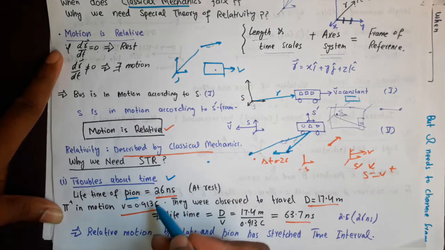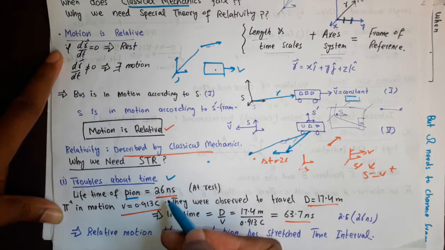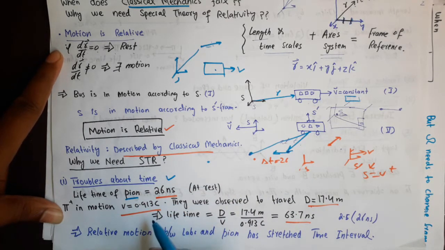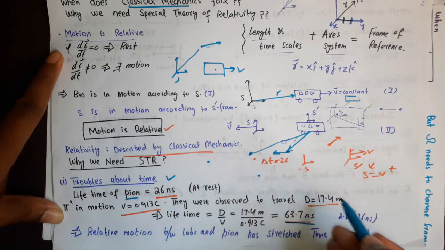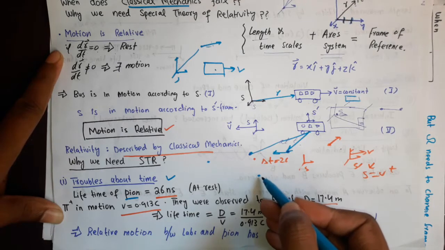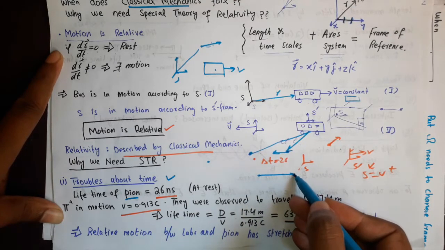But it was observed that if this pion is created with a speed which is almost comparable to the speed of light, 91% of the speed of light, the lifetime of this pion increases and becomes 63.7 nanoseconds. So there is a simple experiment: let's say the pion was created here in motion, and when it decays, it will decay here.